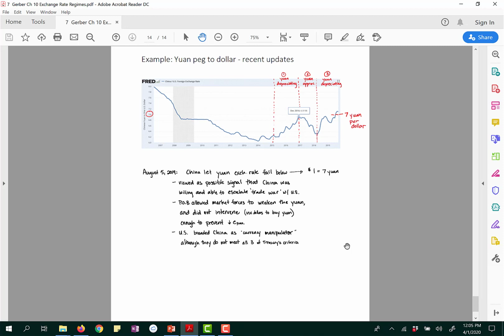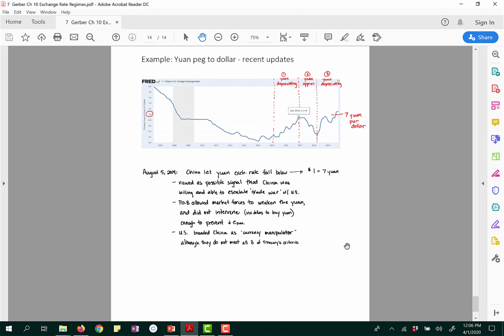And that only has a psychological importance because typically in the past, the dollar has been stronger. So this was an extra weakening of the yuan that hadn't occurred in the past. It was viewed as a possible signal that China was willing to escalate the trade war with the United States.